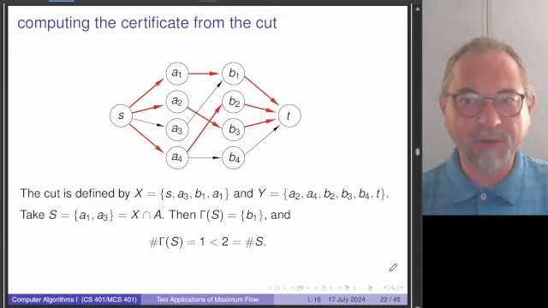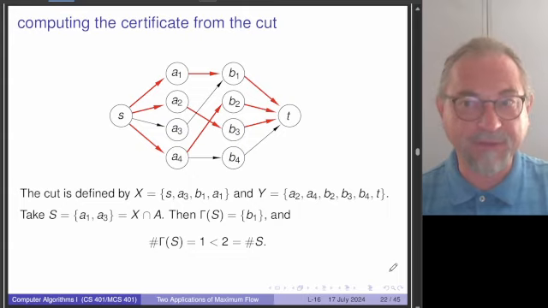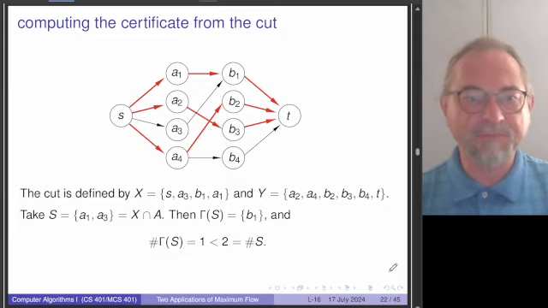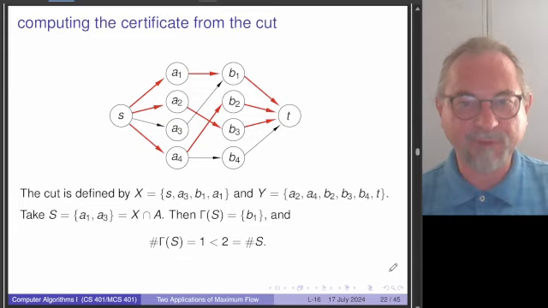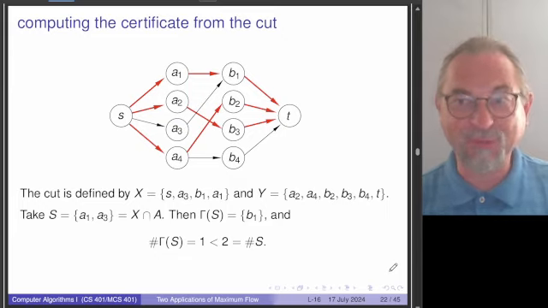You identify the cut, and that can typically be computed very fast. The upper bound is the total number of edges. But if you have the cut after your maximum flow, you actually have a definition of the certificate. So this is the algorithm for how to do it.